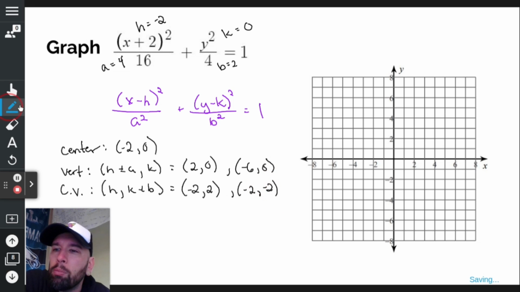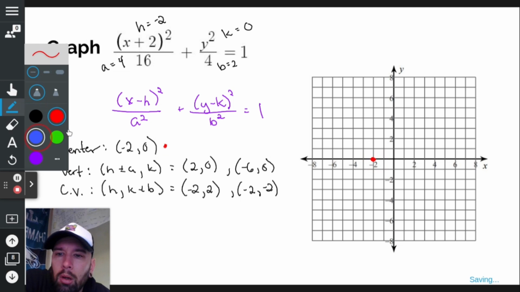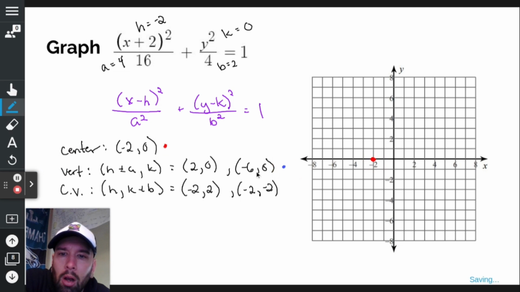So let's draw these points out. The center is negative 2, 0. The vertices are 2, 0, and negative 6, 0. The co-vertices are negative 2, 2, and negative 2, negative 2.